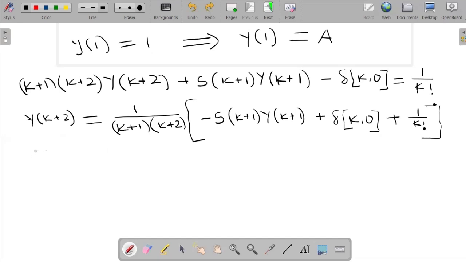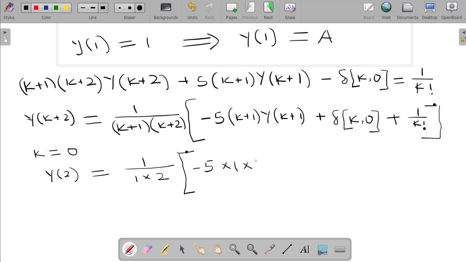So when k is equal to 0, we have y of 2 equal to 1 over 1 times 2, into negative 5 times 1 times y of 1, plus the Kronecker delta of 0 comma 0.